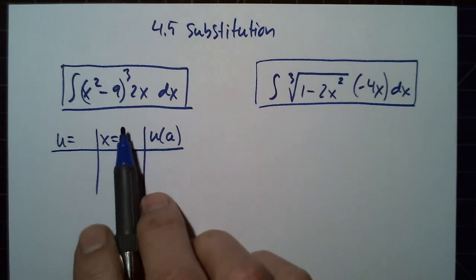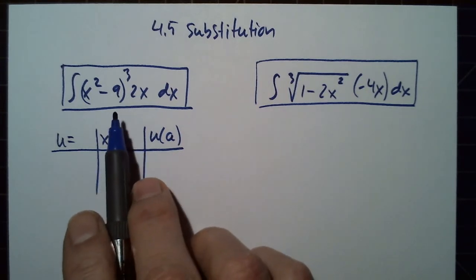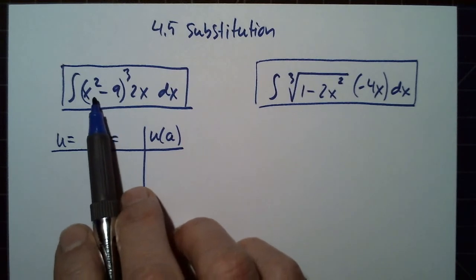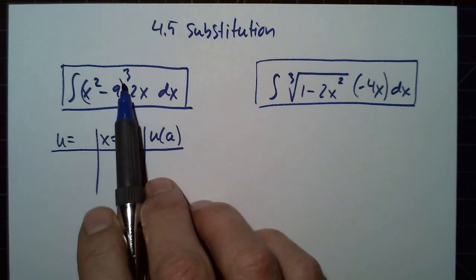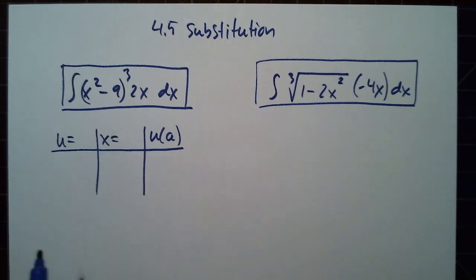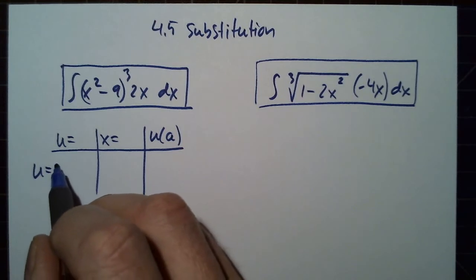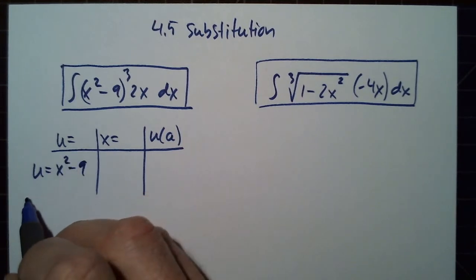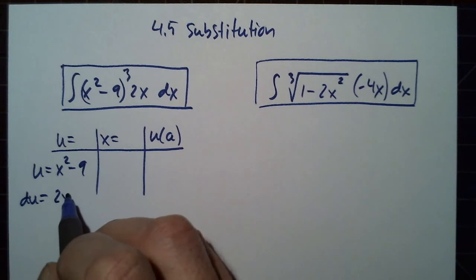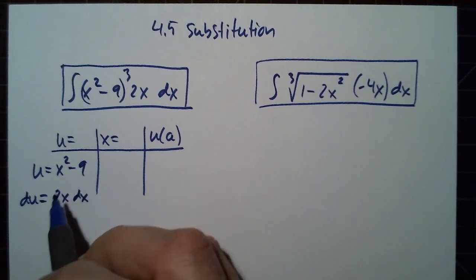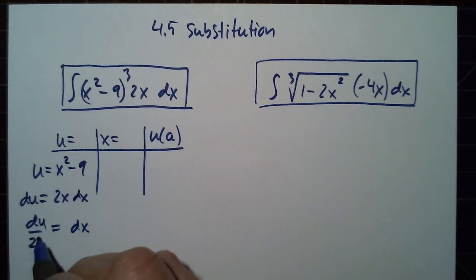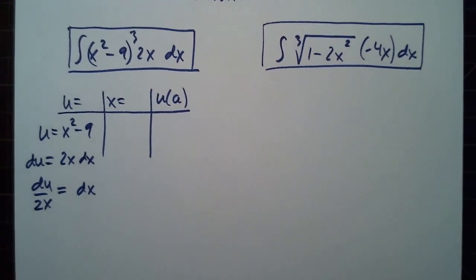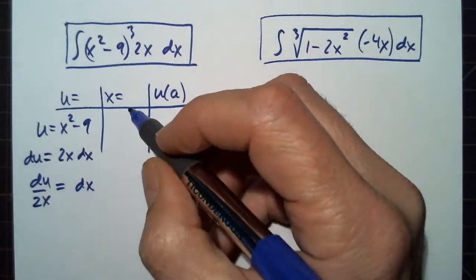Substitution is required when we have a composite function, so there's a function inside of another function, and with substitution we will let u be the inside function. du is 2x dx. So we want to find these differentials, and we can substitute for dx, and we can substitute for the inside.